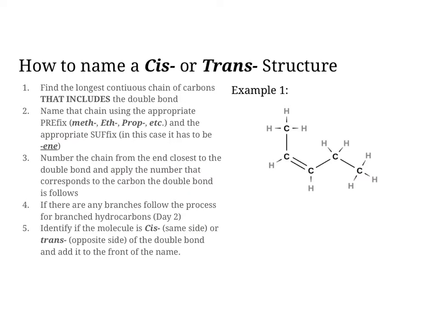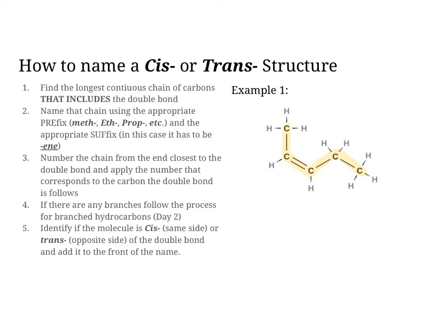So the rules for naming cis and trans isomers are very similar to everything else that we've done so far. The first thing we do is find the longest continuous chain of carbons. 1, 2, 3, 4, 5. This is a chain that is 5 carbons long, no matter how I count it.